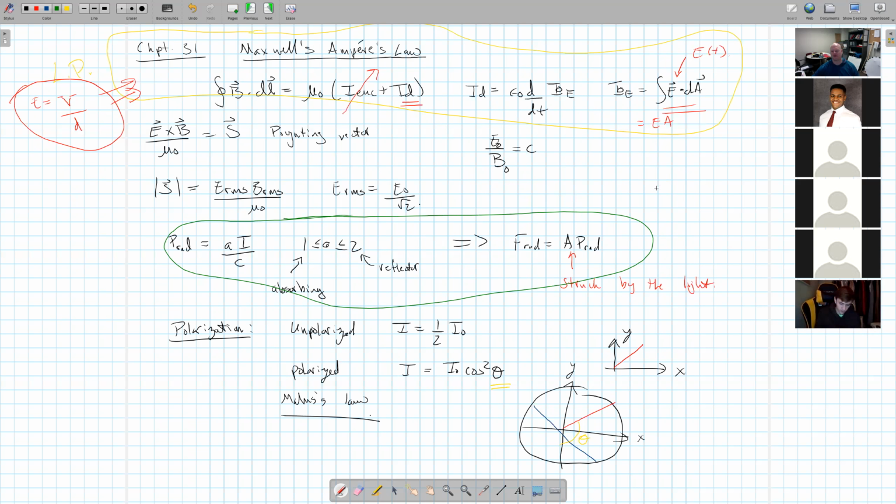But one thing that'll be useful here is, remember, intensity from a point source is given as the power divided by the surface area. So this is going to be equal to the power divided by 4 pi r squared. Okay. And again, this is the intensity from a point source.